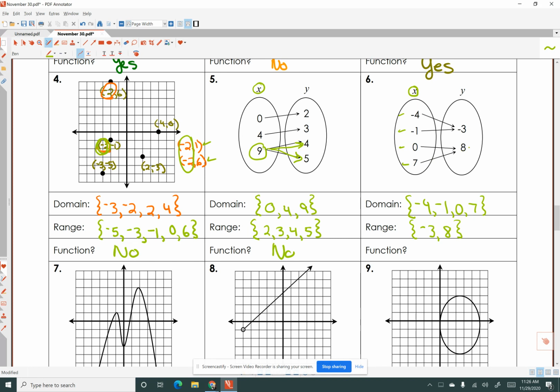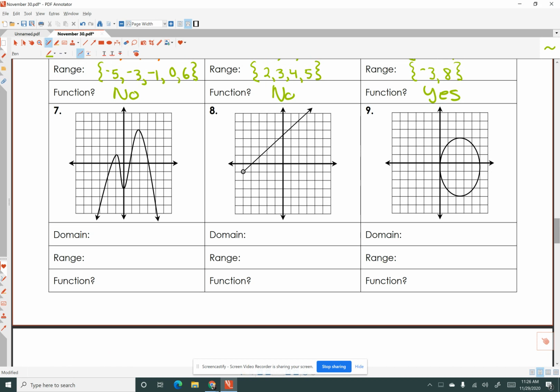It's okay if a y value is the result of a function of 2 different or 3 different or more x values. What we cannot have is this situation in number 5. But this is okay because each x value results in a very distinct y value. That y value can be repeated, but not the x value. So this is a function.